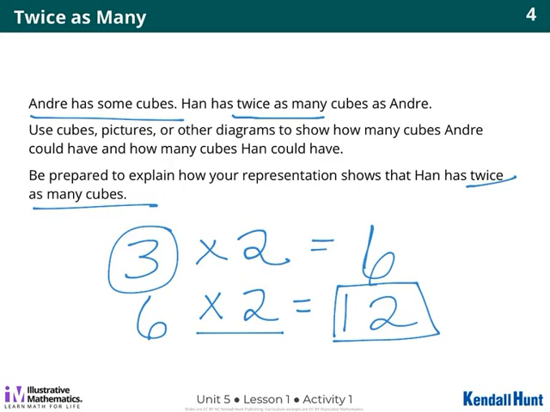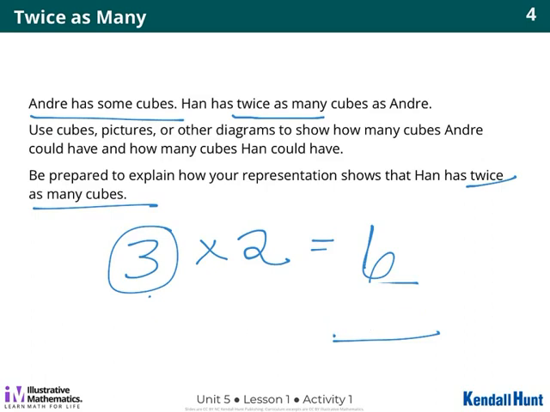Does that make sense? Yes. Okay. So to draw a diagram to represent it, what I would have expected, like for 3 times 2 is 6, is that maybe you would say, okay, Andre, and then he could have 3 cubes.